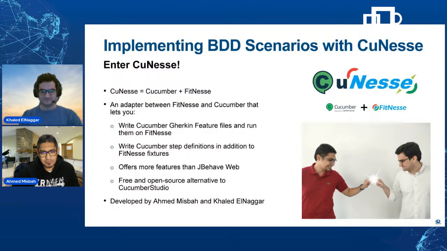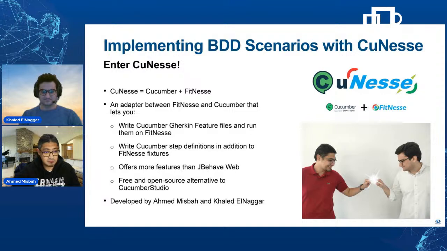CuNesse is basically an adapter that allows you to write Cucumber feature files on FitNesse and execute them against Cucumber. You write the Cucumber Gherkin feature files and run them on FitNesse. You write your Cucumber step definitions as you normally do with Cucumber.